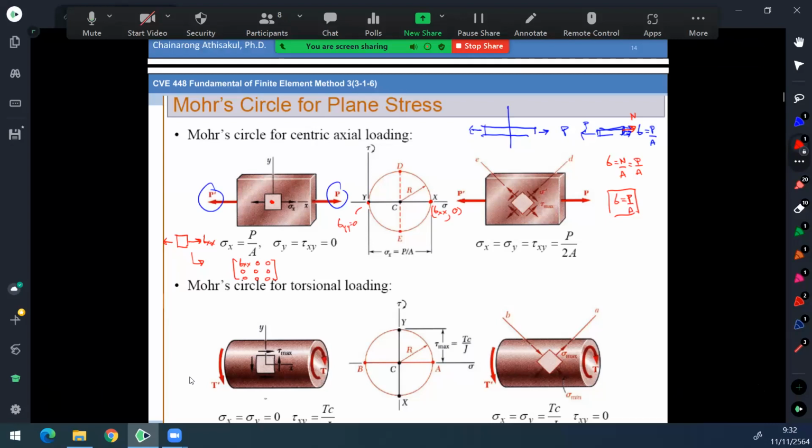Okay, so that means that if this is the ductile material, we may have to focus on the shear, the maximum shear stress also.